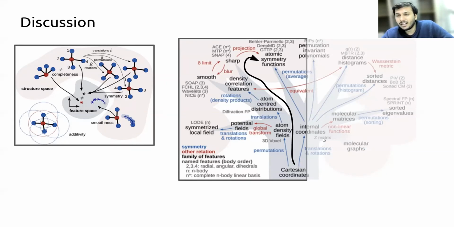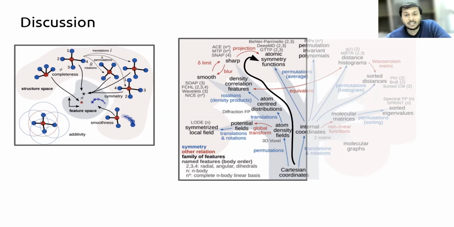So at the end of the day, the message that I want to give you is that most of these models are very similar because all of them are based on the same founding principles: that the potential energy surface should be smooth, so you need to use smooth cutoffs and widened Gaussians. You need to impose translational and rotational symmetries or invariances on your features. You need to make sure that you have completeness, so that the feature space in which you're working spans the same Hilbert space as your positions.